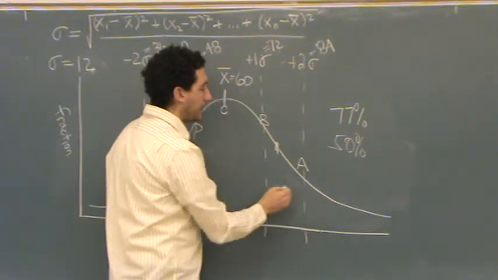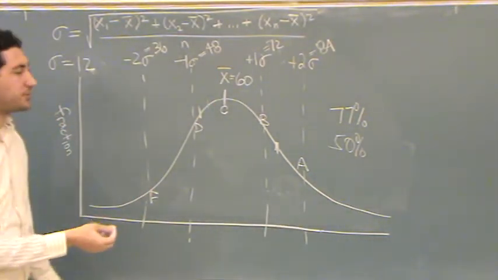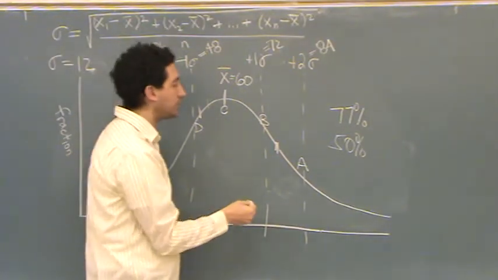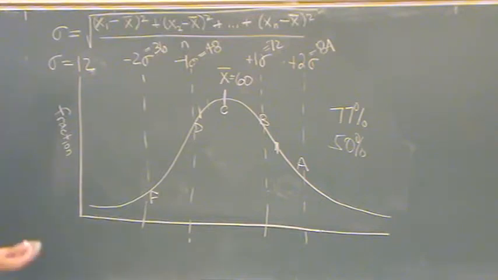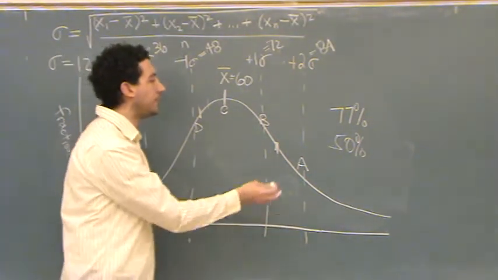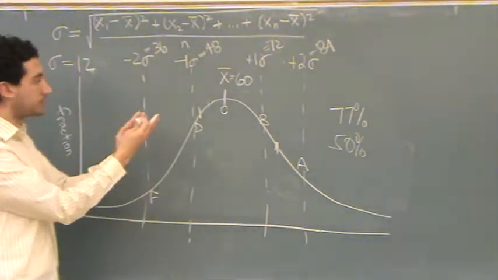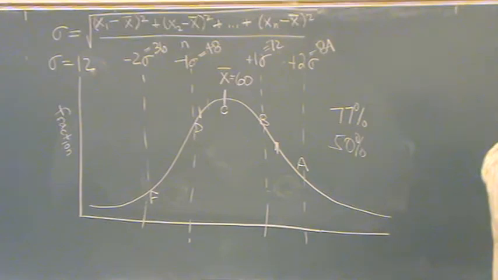The A range probably includes about 10, 15% of your total population. The A and B range probably encompasses about 45% of your total population. So it is bigger than it looks, though it looks kind of really shrunk down on this graph.